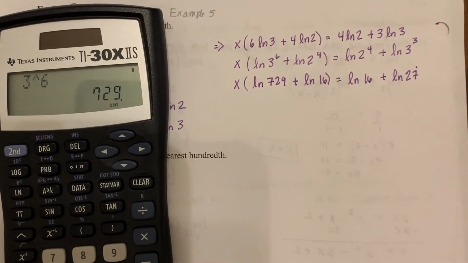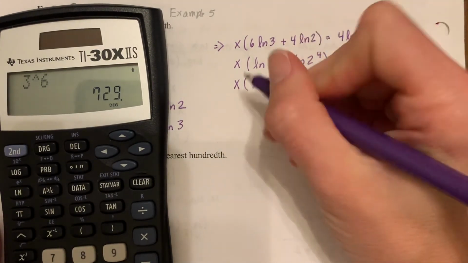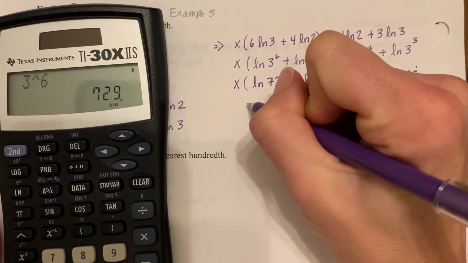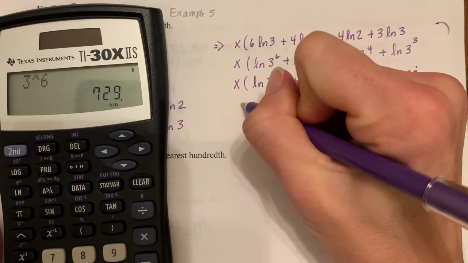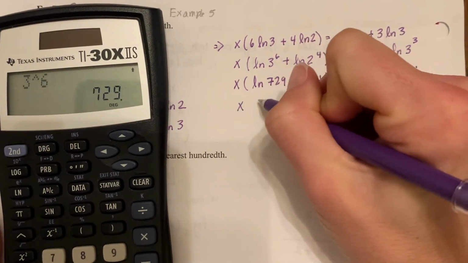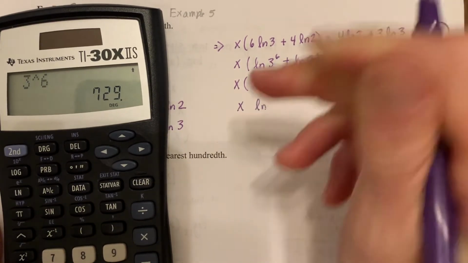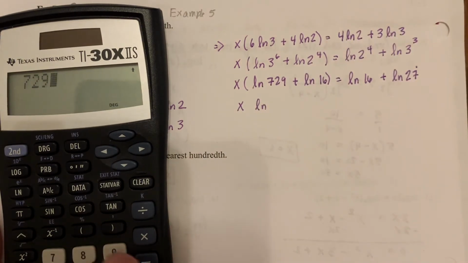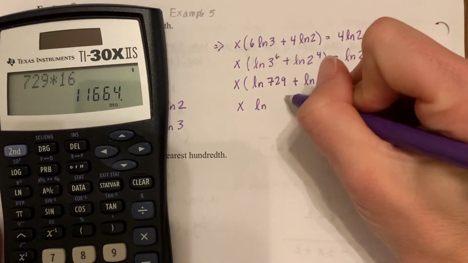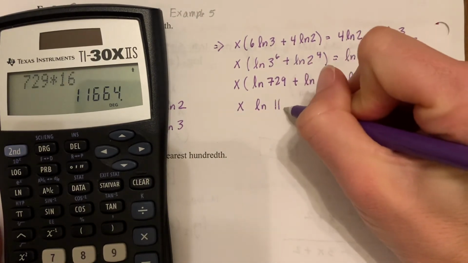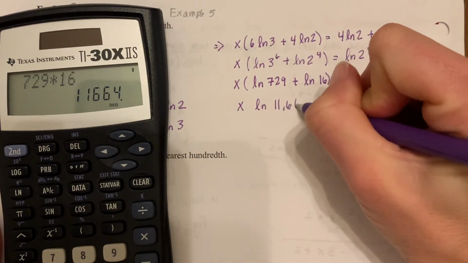Now, on both sides of the equation, we are adding logs with the same base. I can combine those as single logs by multiplying the numbers together. So I have x times the natural log, and I'm going to take 729 times 16, and this is the natural log of 11,664.